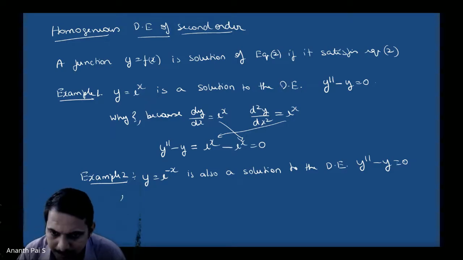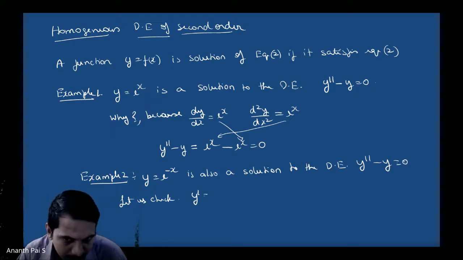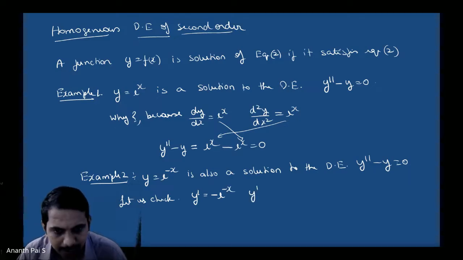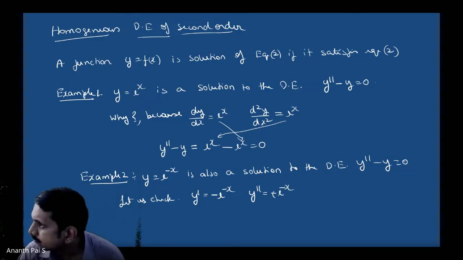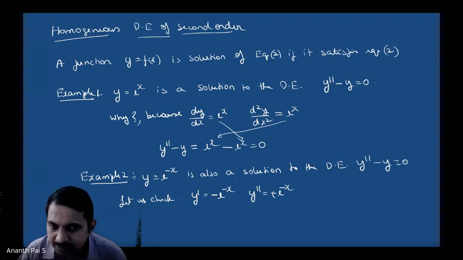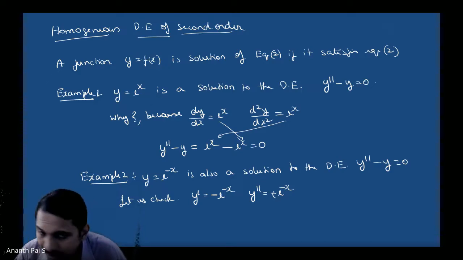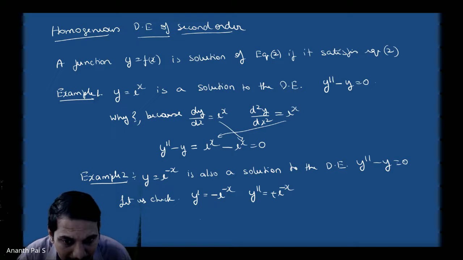So let us check. y dash is equal to minus e power minus x and y double dash is equal to plus e power minus x. So both we are checking. Let us substitute that over here. When you substitute that, you get y double dash.